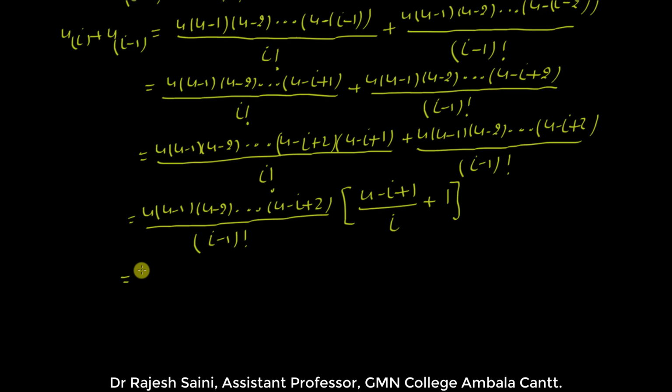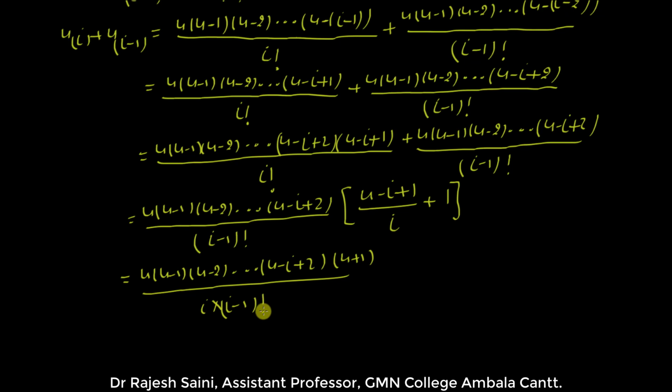So this will be u minus 1, u minus 2 up to u minus I plus 2. The I in numerator and denominator will cancel out, so we are left with u plus 1 by I into I minus 1 factorial. So this can be written as u plus 1 times u minus 1, u minus 2 up to u minus I plus 2 divided by I factorial.